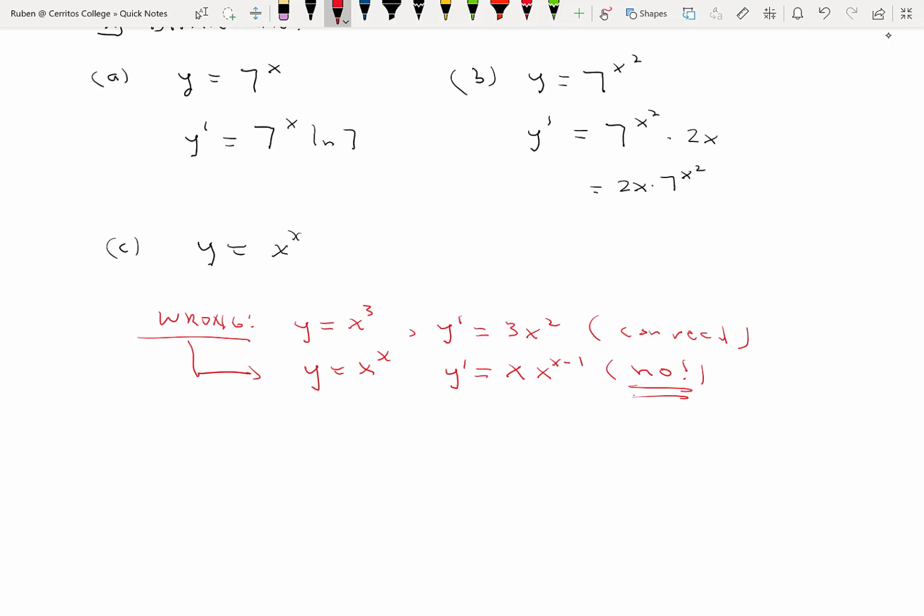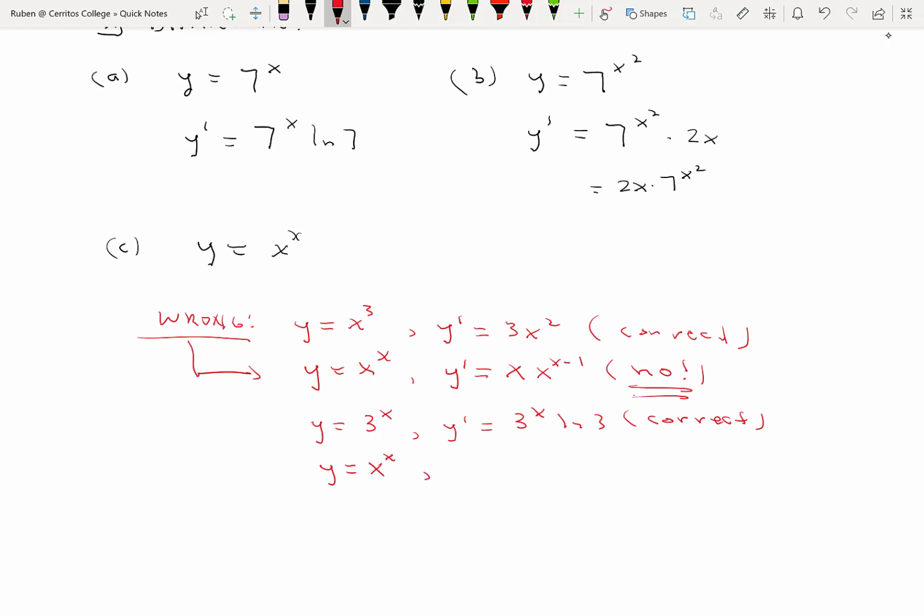It's also common to misuse the formula that we just looked at today. So for example, if you have y equals 3 to the x, the one I started with, it is correct that y prime equals 3 to the x times the natural log of 3, an exponential function times the natural log of 3. This is absolutely correct. But it's incorrect to try to use that idea with x raised to the x.